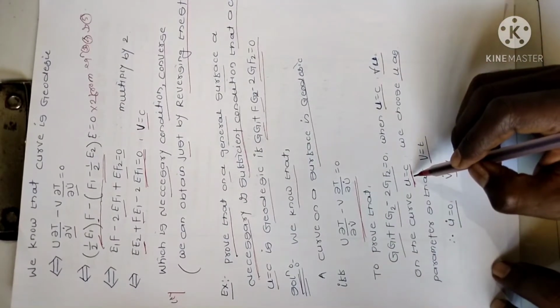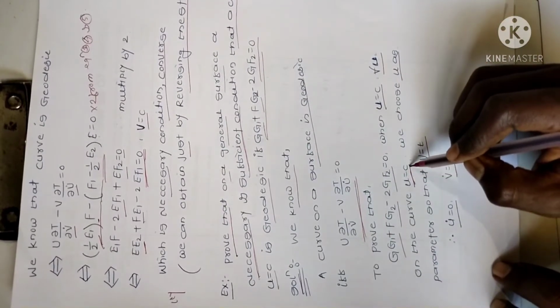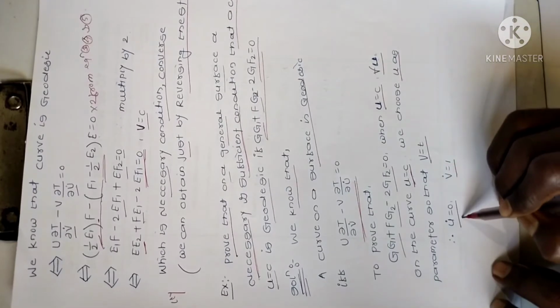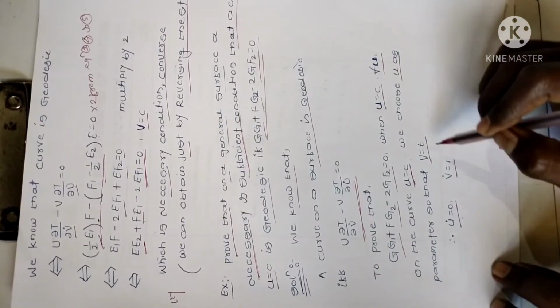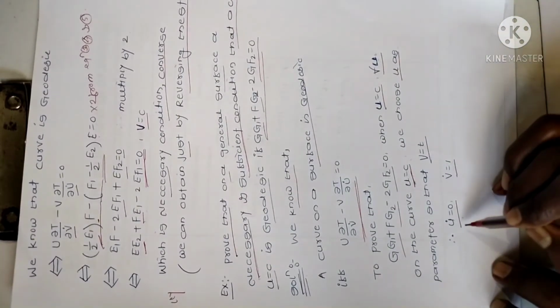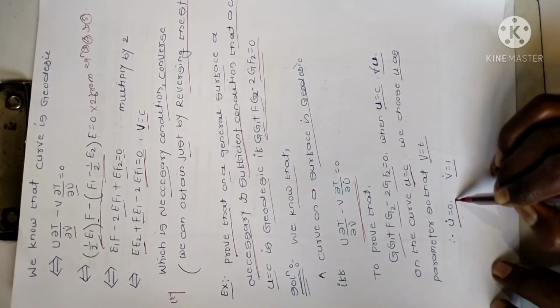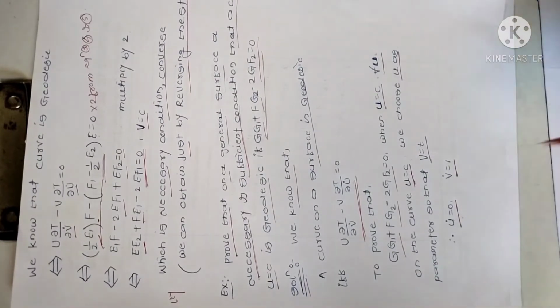Differentiate partially with respect to t. So del u by del t is equal to a constant, the derivative of a constant is 0, and for v, the derivative of t is 1. The parameter values are u dot equal to 0 and v dot equal to 1.